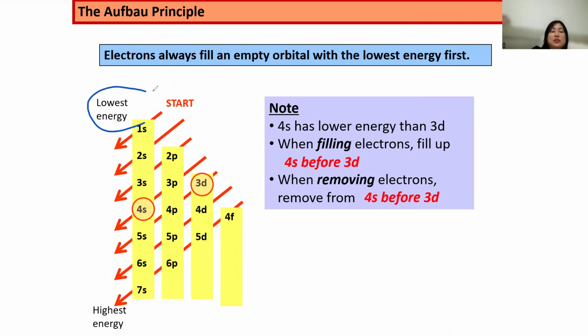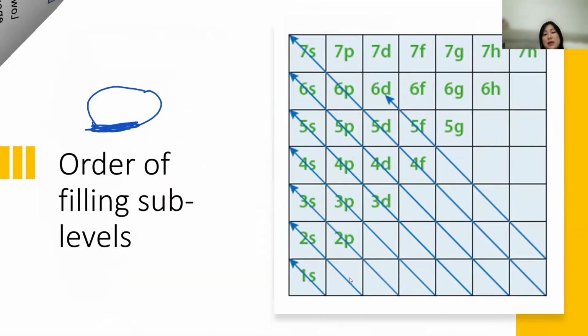So if you do it like this, you need to know that you're writing the lowest energy at the top. The other picture that I'm going to show you next is the correct order, whereby 1 is below and 2 is higher. This is the correct order, but it is a little harder to do the slashing compared to the other one. So use whichever works for you.